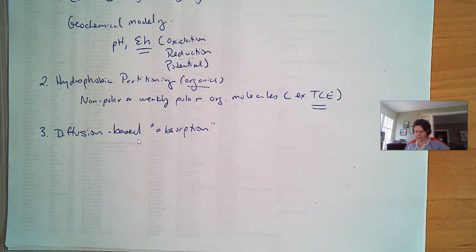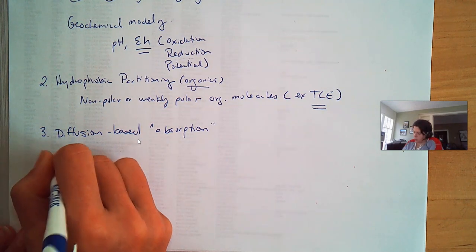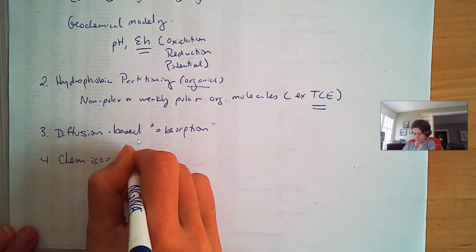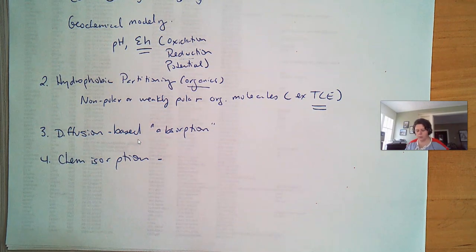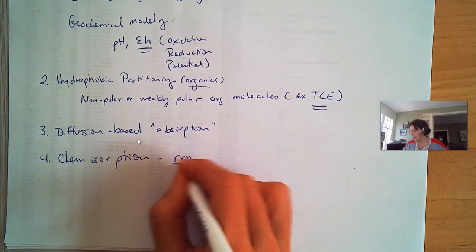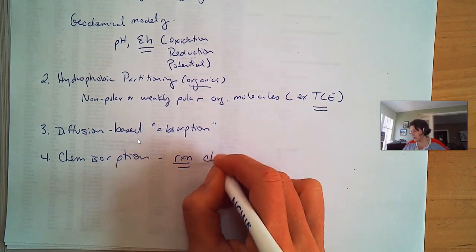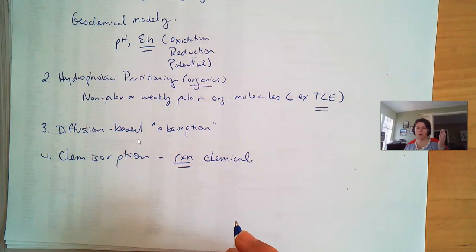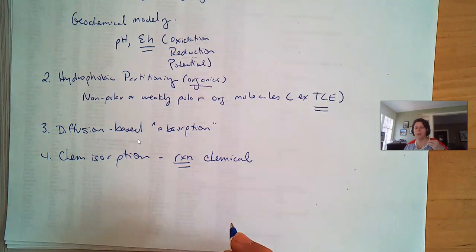And then the last thing is chemisorption. This occurs when a solute is incorporated on the sediment, soil, or rock surface by chemical reaction. So there's a chemical reaction that occurs. It precipitates out, something like calcium carbonate. Iron will turn into iron oxide, depending on the system.